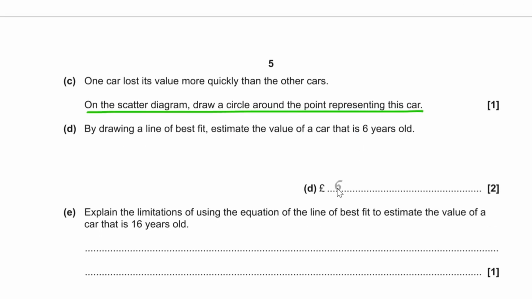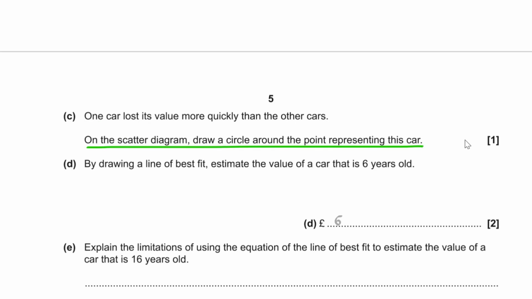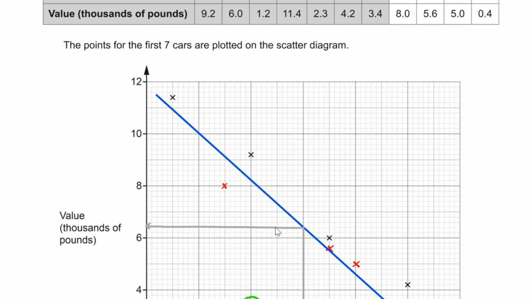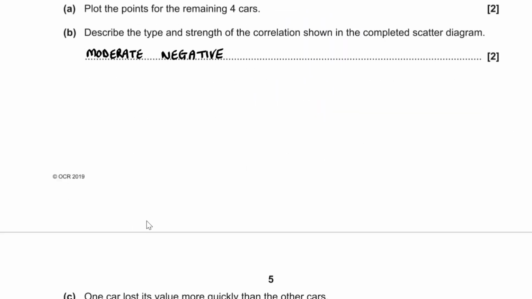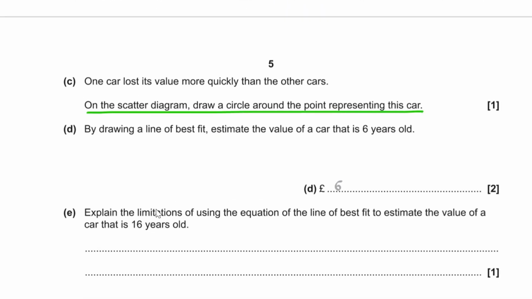So we have 6, and then if we go back, remember we have thousands of pounds, so we've got 6.4 thousand. So we've got 6.4 multiplied by 1,000, which is 6,400. So here we've got 6.4 thousand.